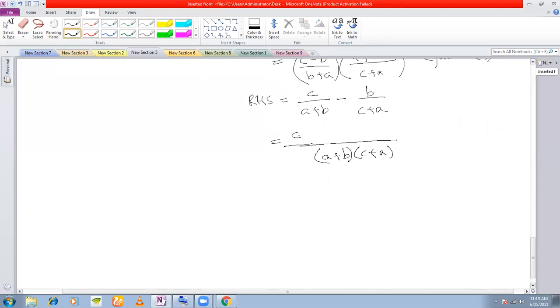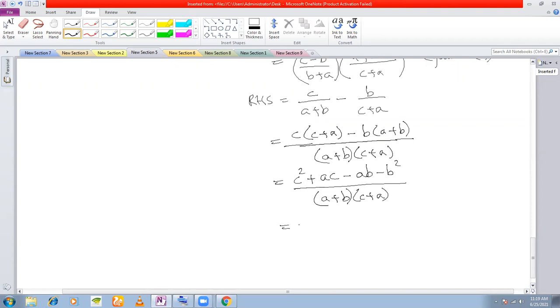We have on top c into c plus a minus b into a plus b, which is equal to c square plus ac minus ab minus b square divided by a plus b into c plus a.